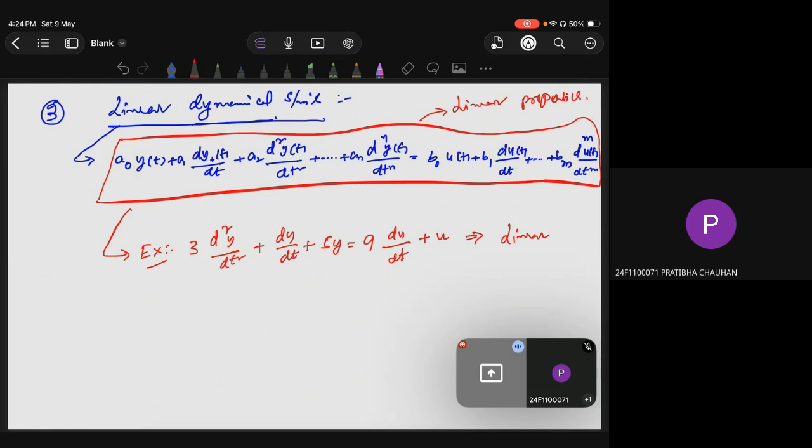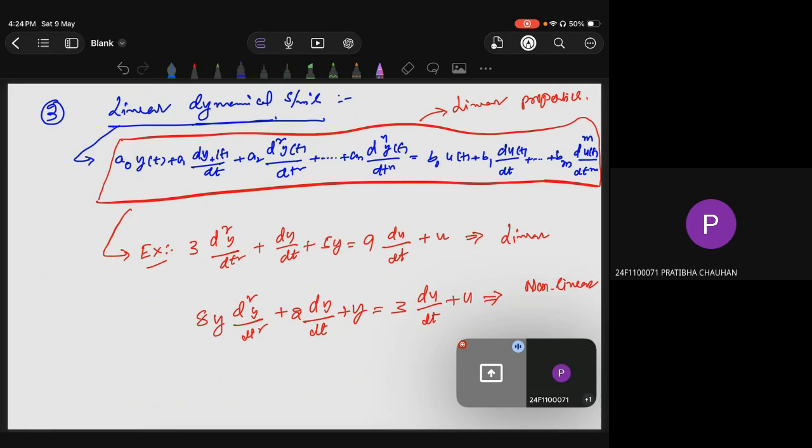Whereas if you consider this, let's say 8y d square y by dt square plus 2 dy by dt plus y equal to 3 du by dt, something like plus u. Is it a linear or non-linear? It's a non-linear. Why is it non-linear?